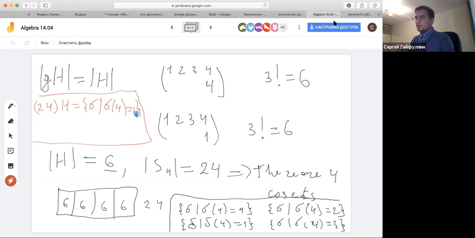The proof of this is the same as the proof that (1, 2, 3, 4) multiplied by H coincides with this one. And for example, (3, 4) multiplied by H equals the last left coset.